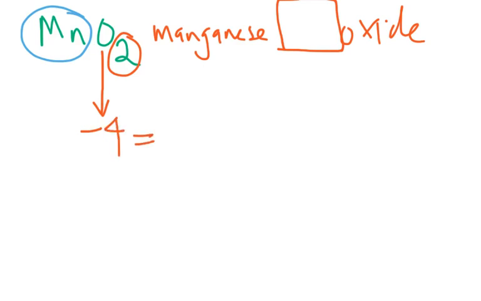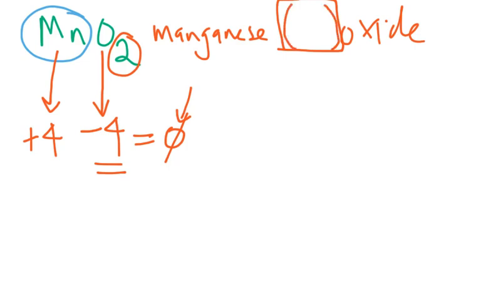And like all ionic compounds, the charges have to add up to 0. So if oxygen is bringing a -4 charge, that means manganese has to have a charge of +4 in order to equal 0. So we're dealing with manganese with a charge of 4. The way we write this in a compound is we put parentheses after the metal, and then we write the Roman numeral inside. So this compound is called manganese(IV) oxide.